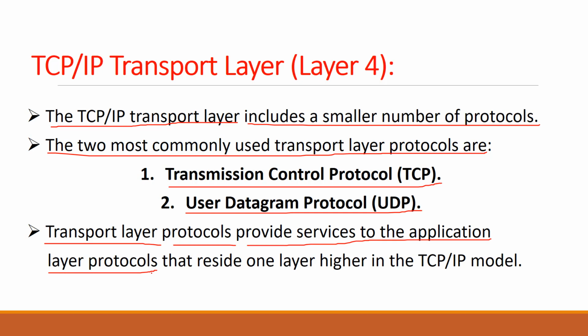Actually, each layer inside the TCP/IP provides some services to the layer above it, which means that the network layer provides services for the transport layer, and the transport layer provides services to the application layer. So each layer provides services to the layer above, and transport layer protocols provide services to the application layer protocols that reside one layer higher in the TCP/IP model.